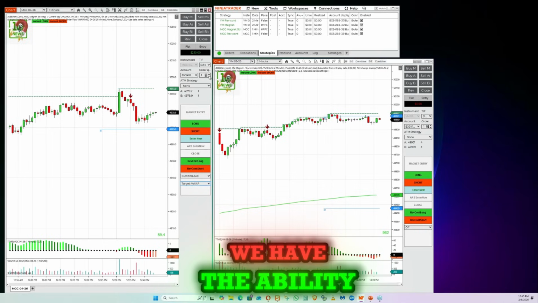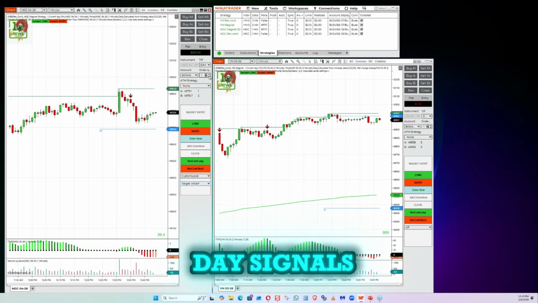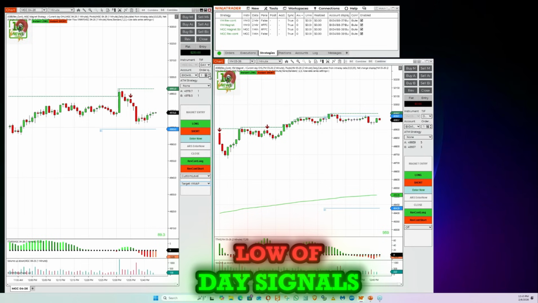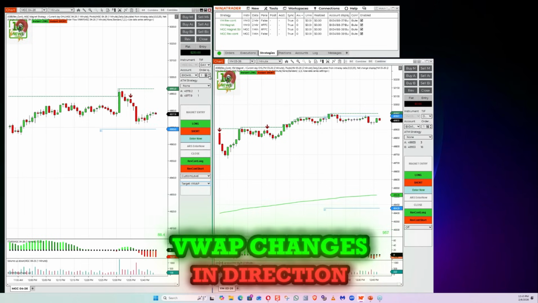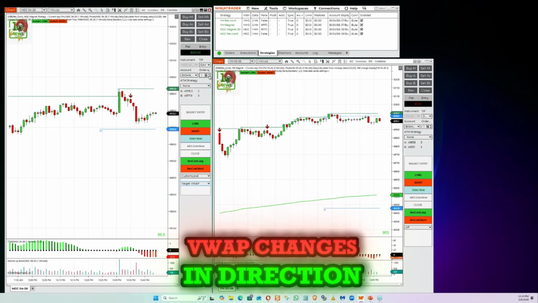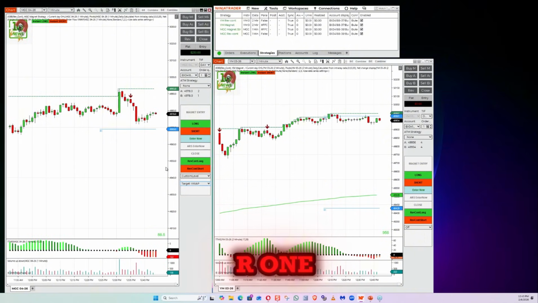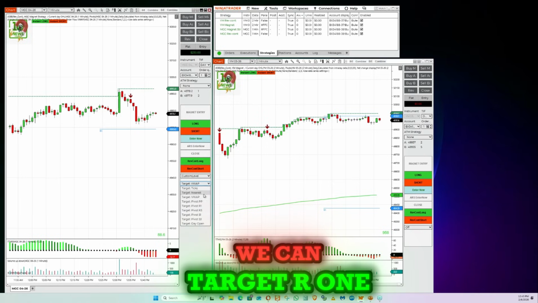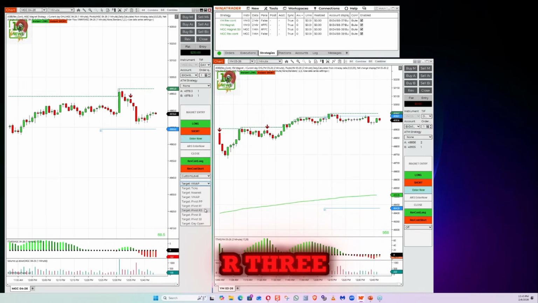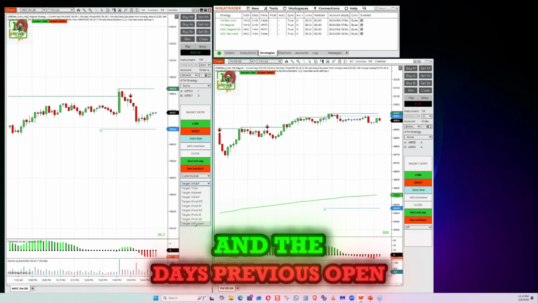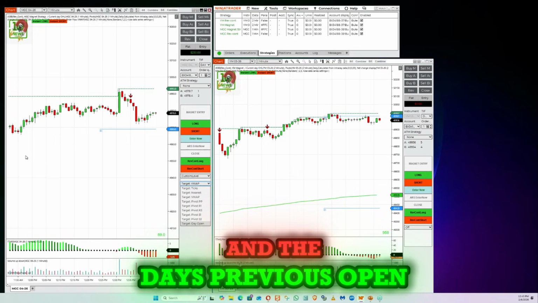We have the ability to trade high of day signals, low of day signals, VWAP signals, VWAP changes in direction. Also, the PP, R1, we can target R1, R3, S1, S3, and the day's previous open.